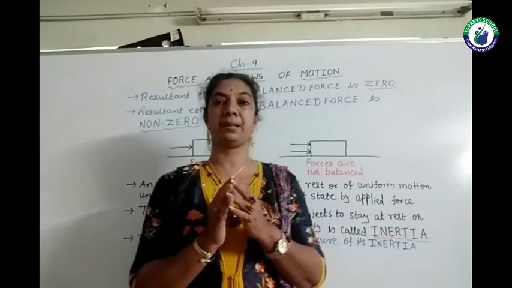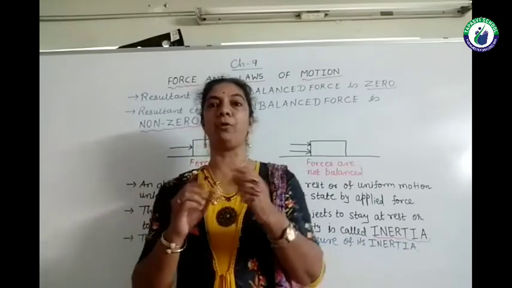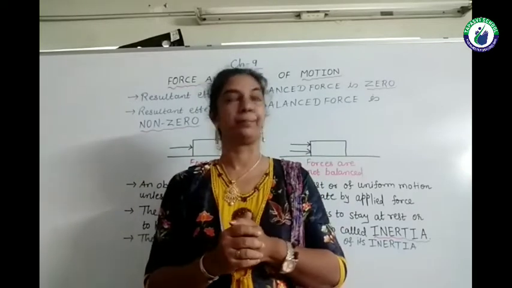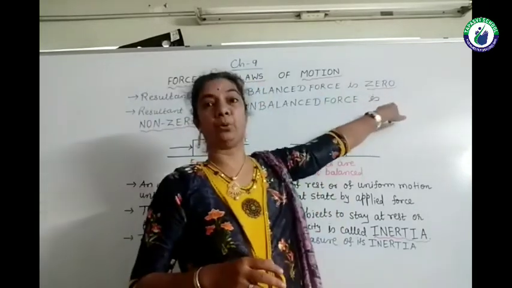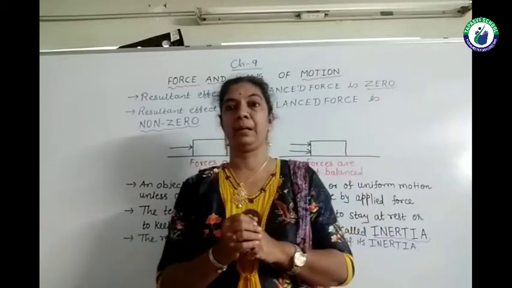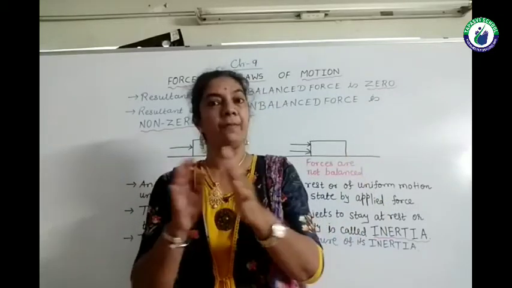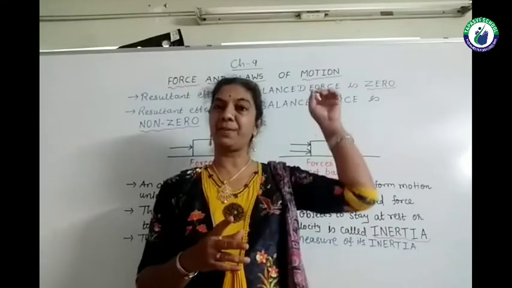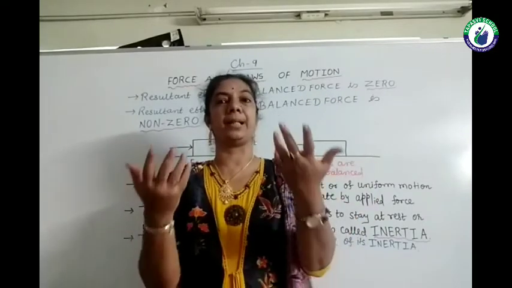It means the net effect of that external force which we are applying will be zero. The object will not move at all. And that's why we are saying that the result is 0.